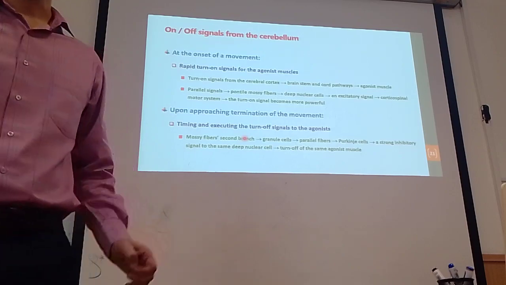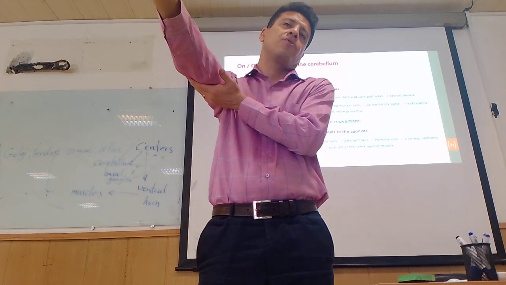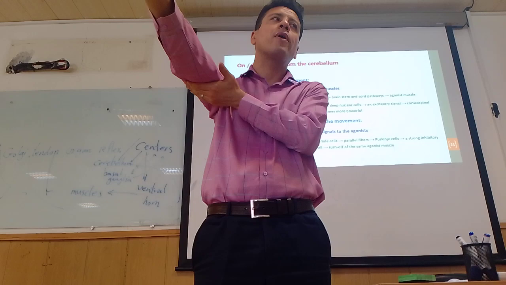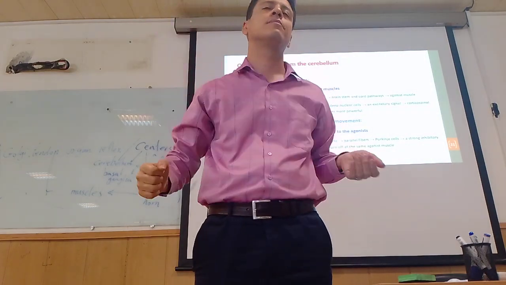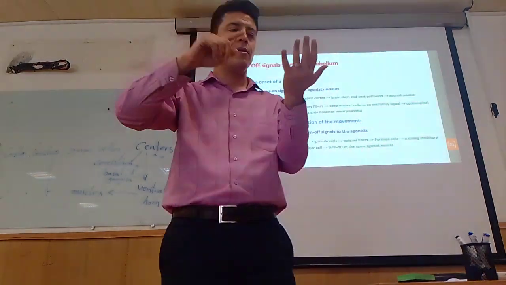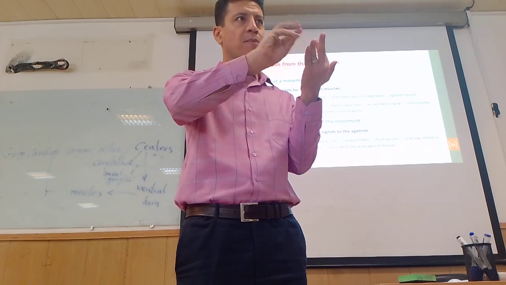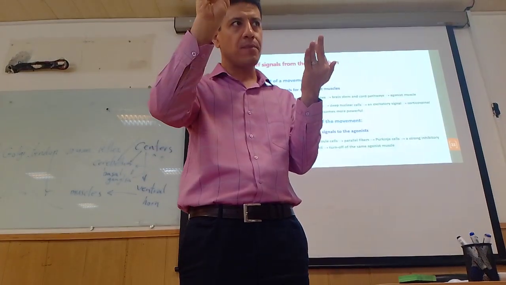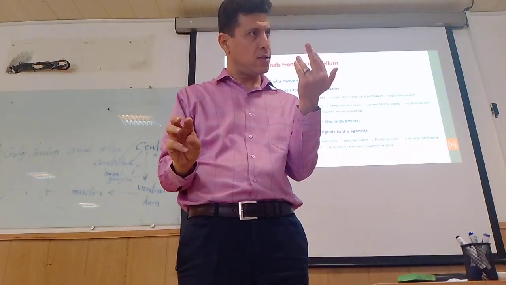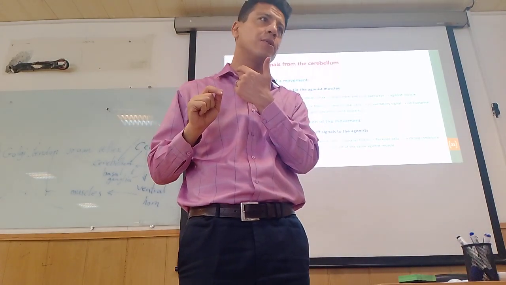Okay, so let's see this one. So you wanted to have this. The muscle which is involved is the triceps, right? So what motor area causes this movement? Cortex, right? So we have planning in the premotor and supplementary motor areas, then we have performance or the action by the primary motor cortex. The primary motor cortex sends information through the corticospinal tract to the cervical areas in the spinal cord.